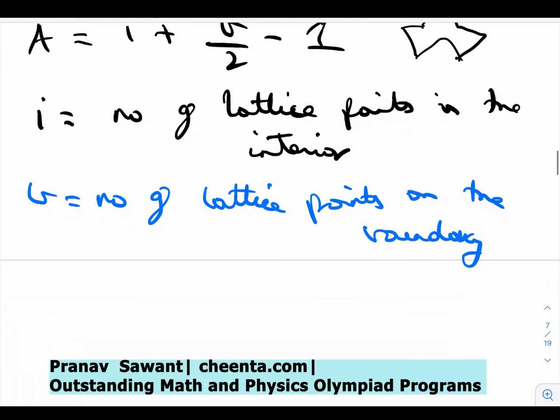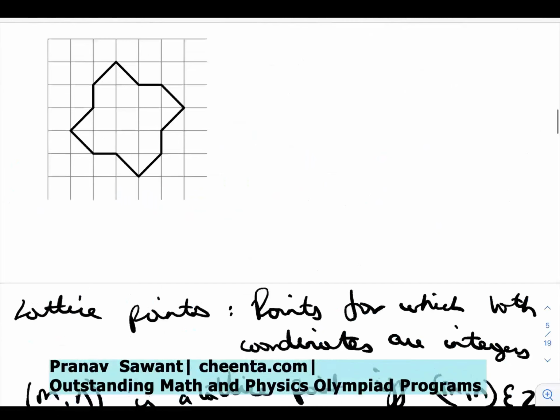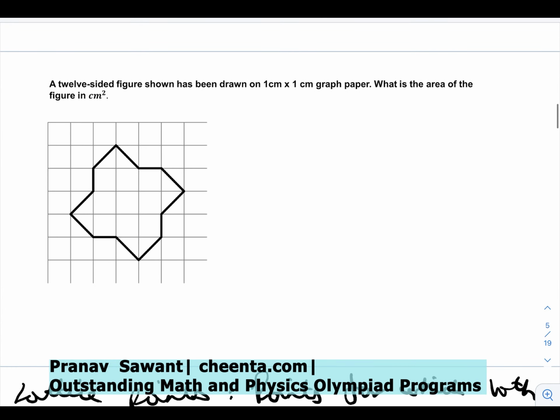Okay, perfect. So now let's move on to the problem and see what was given to us. If I try to use A = I + B/2 - 1 here, let me calculate the value of I. I is the number of lattice points in the interior of the polygon. So we have 1 here, 2 here, 3, 4, 5, 6, 7, and 8.